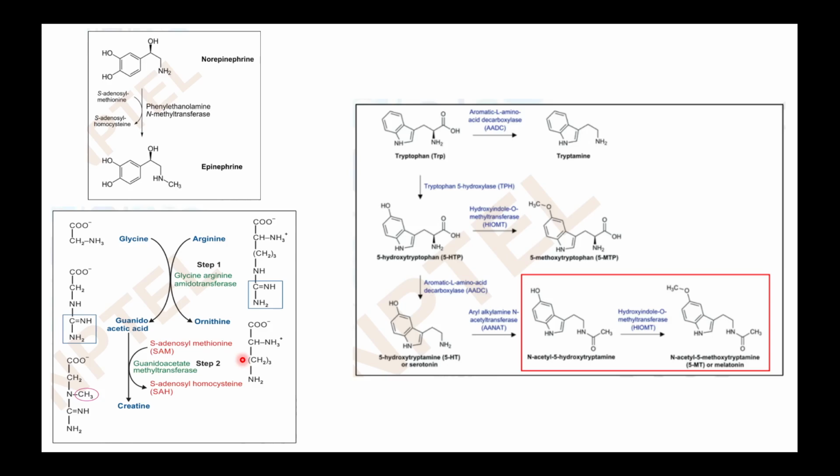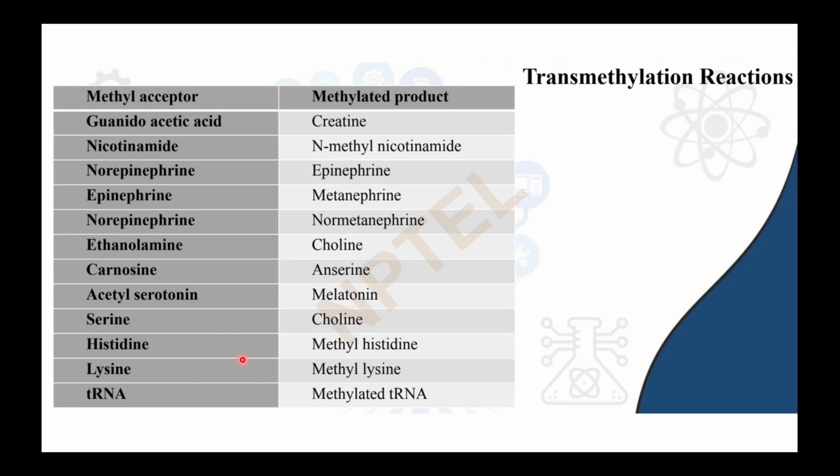I hope that's clear. So this is just a list of methyl group acceptors and the final product. I've shown you the creatine, epinephrine, and melatonin synthesis. Like that, there are multiple reactions where methyl group is donated to nicotinamide to become N-methyl nicotinamide, or methyl group is donated to ethanolamine to become choline.